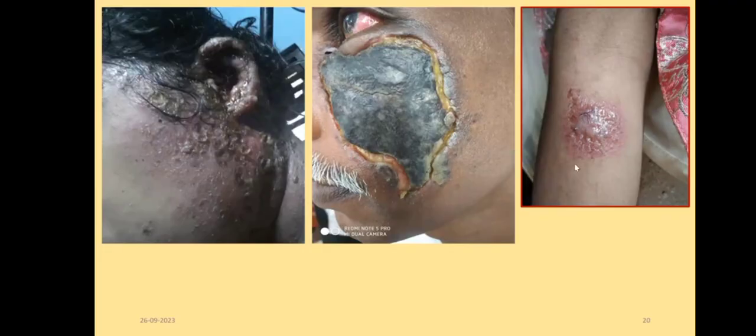And this one, the third photo is also very unique. This is a bite of a human being. This girl's younger sister had bitten. See how a human being can also be venomous. She had a history, and you can see the bite marking on the periphery.